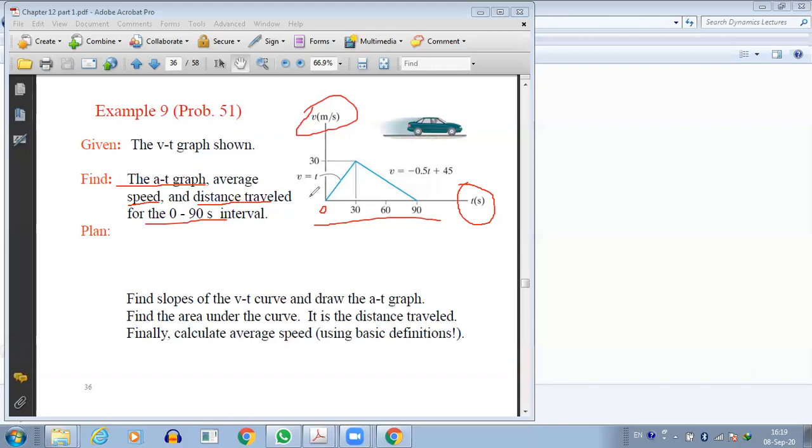For differentiation, it's very simple. V equals T, so A will be 1 if you differentiate with respect to time. And here V equals negative 0.5 T plus 45, so A will be negative 0.5. So two constants.